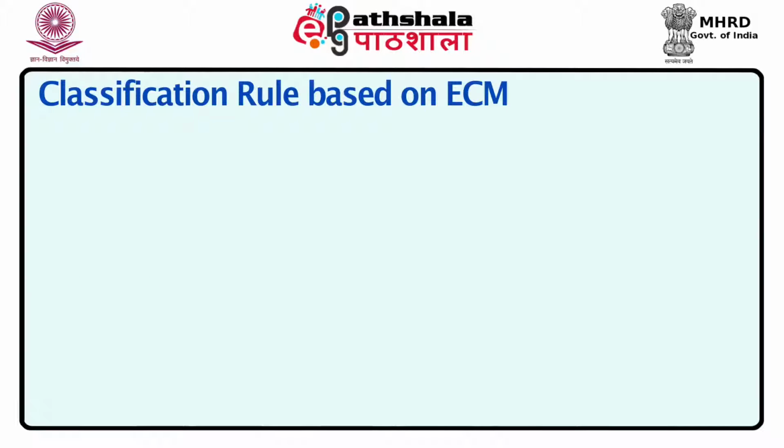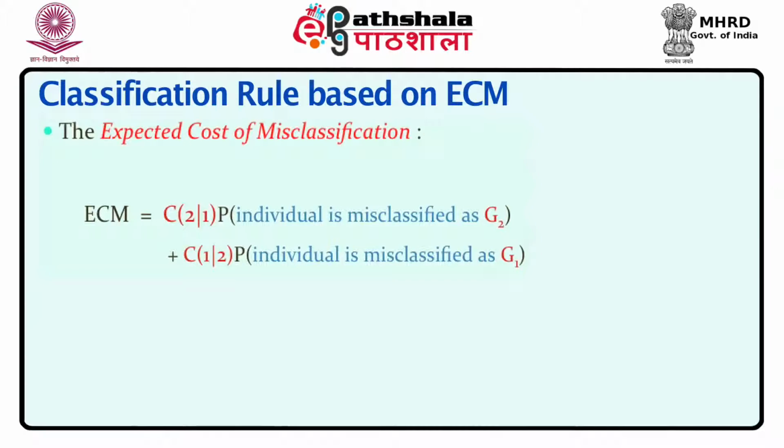Now a classification rule based on what is referred to as the expected cost of misclassification is given this way. So first we need to find the expected cost of misclassification.